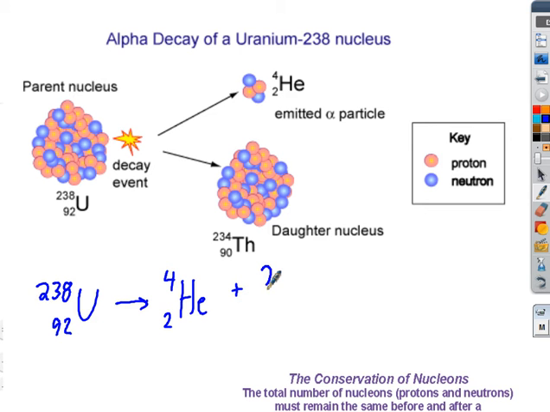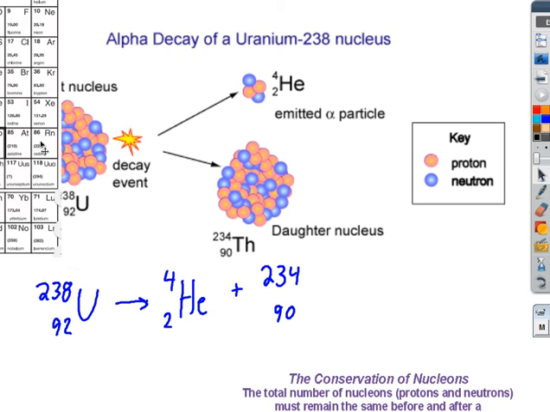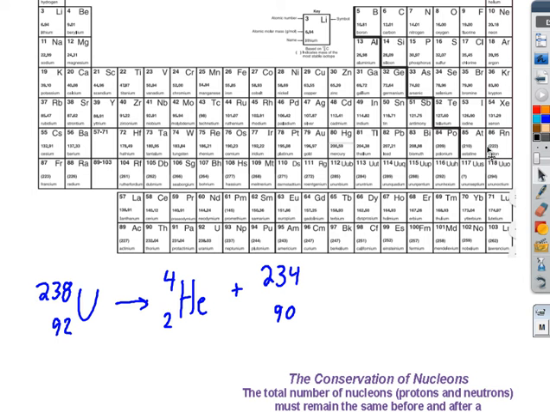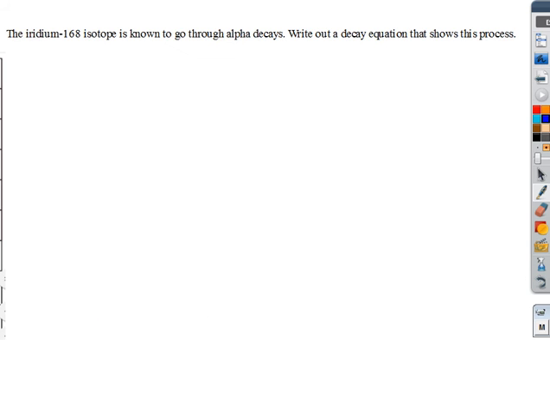This needs to be 234, because if I had 238 nucleons before, I need to have 234 nucleons after. And if I've emitted 2 protons from that daughter nucleus, then now I have 90 left in this alpha decay. Now to find out what element that will be, if I didn't know it was thorium, I can look on my periodic table. The element with 90 protons is thorium. This is an alpha decay using that isotope notation.